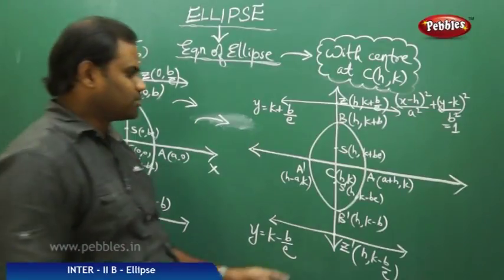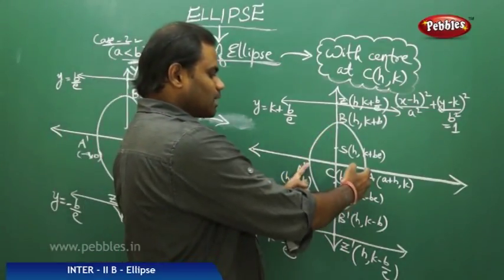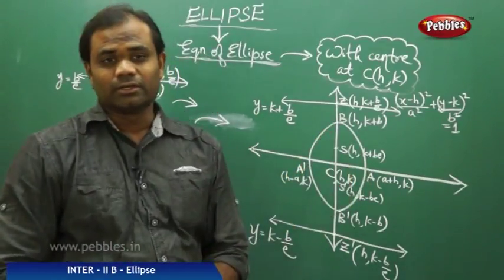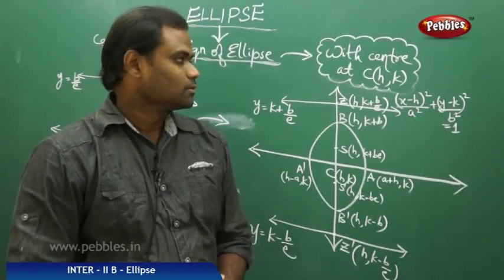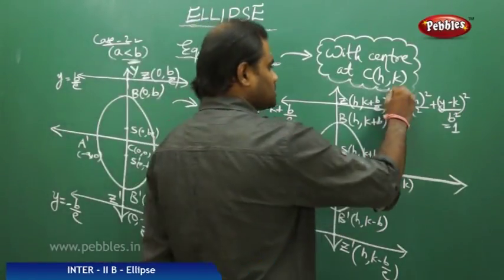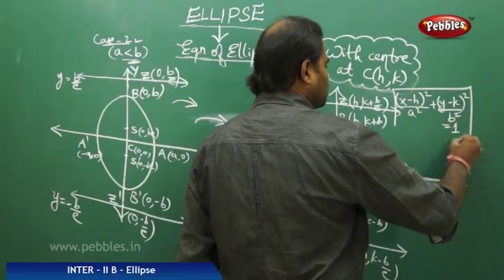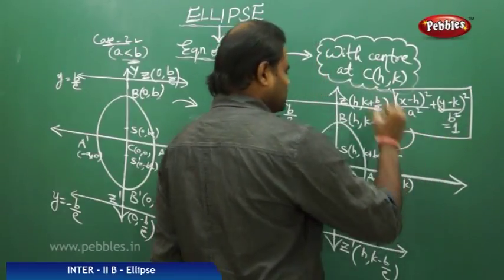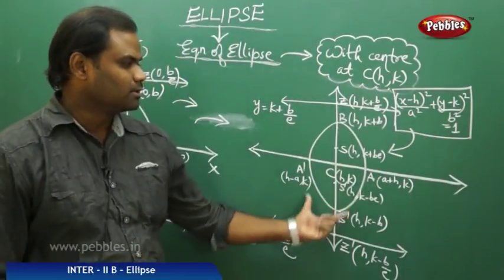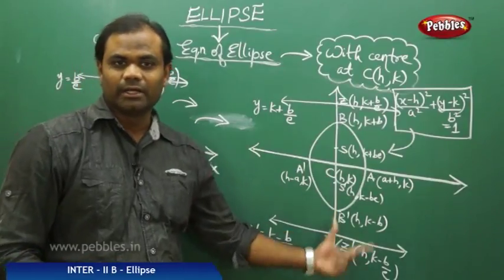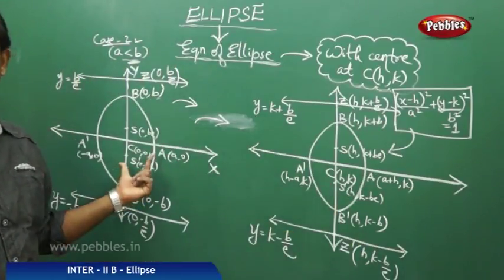But the length of the major axis is 2b and the length of the minor axis is 2a, which remains the same. So the equation of the ellipse in the transformed form is given by this. This is how we understand the ellipse formulae using the standard form of the ellipse.